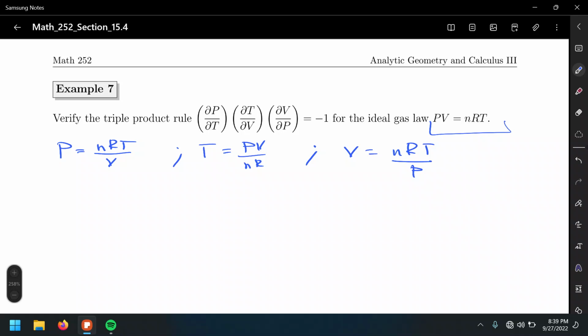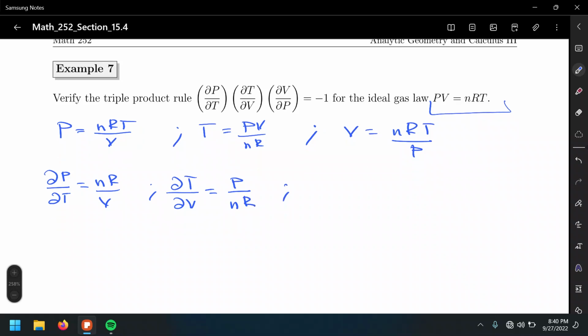Now we're going to find the partial of the pressure with respect to temperature. In this case, the derivative of T is just 1, and everything else is a multiple constant. That's just nR over V. Then the partial of the temperature with respect to volume: again, the derivative of V is just 1 times this multiple constant, so we're left with nR.